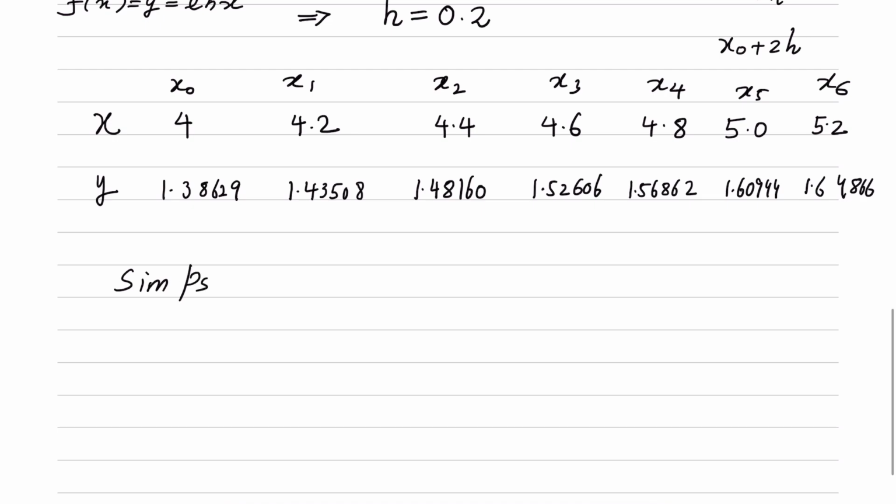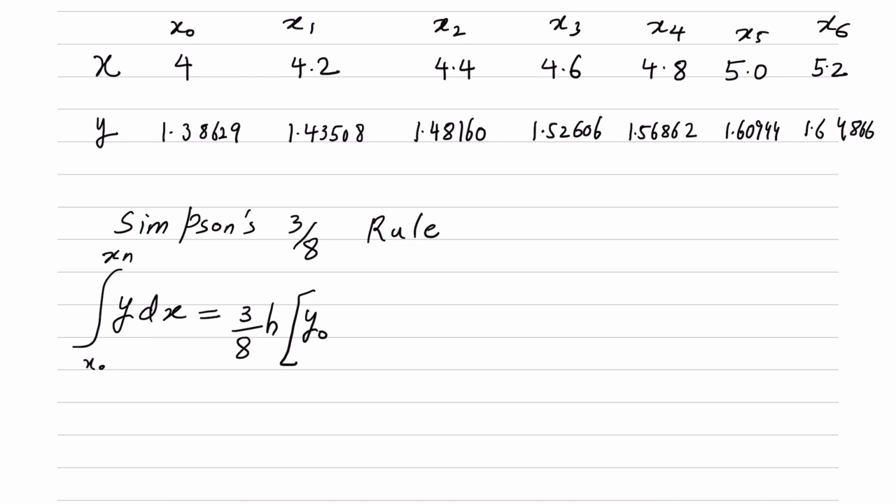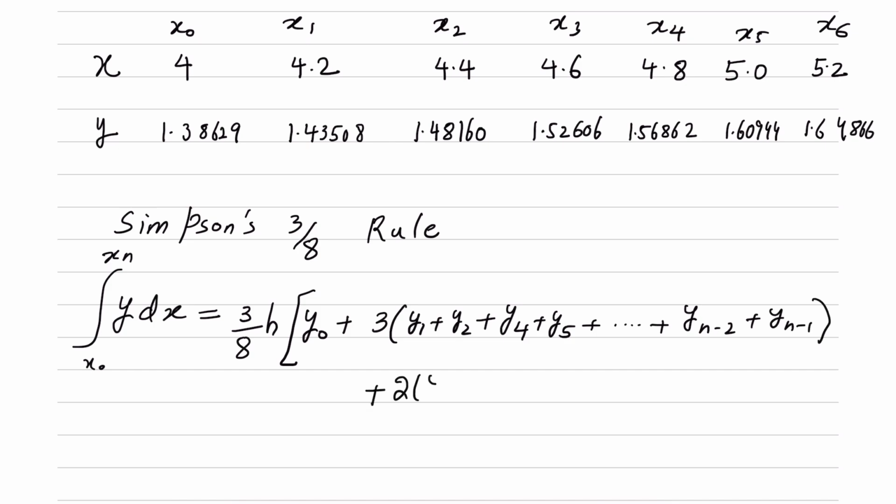So Simpson's 3/8 formula is, we solve the integral y dx from x0 to xn, and the formula is 3/8 h [y0 plus 3 (y1 plus y2 plus y4 plus y5 all the way to yn minus 2 plus yn minus 1) plus 2 into (y3 plus y6)].